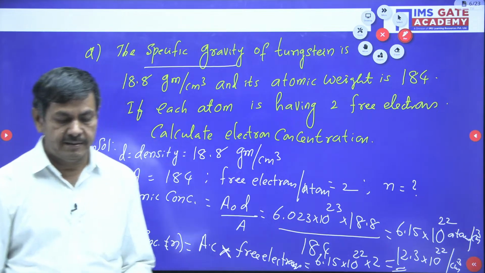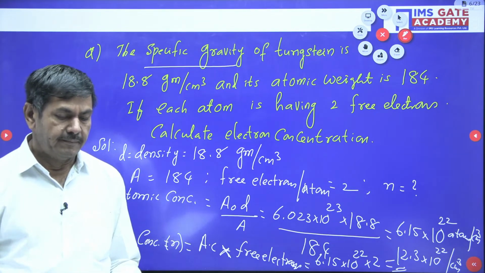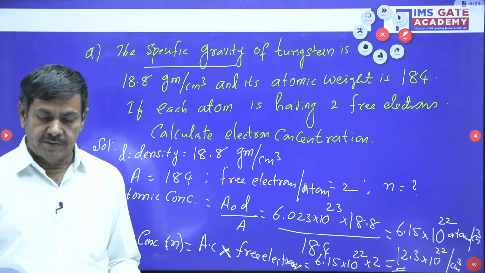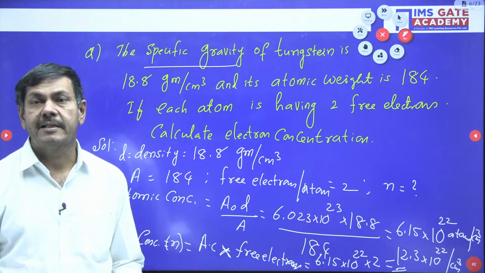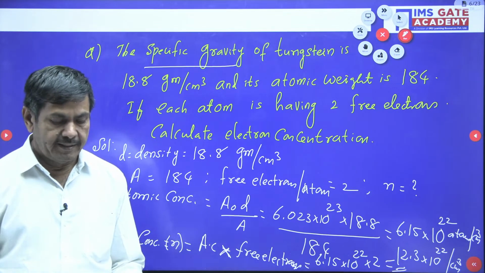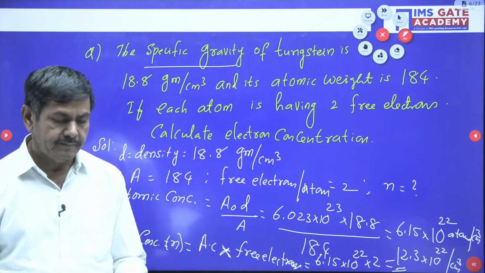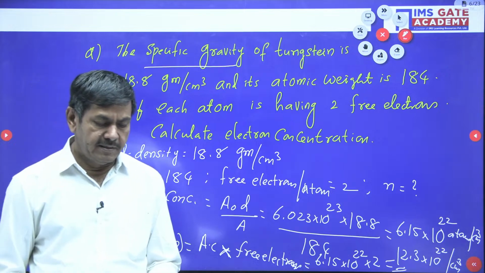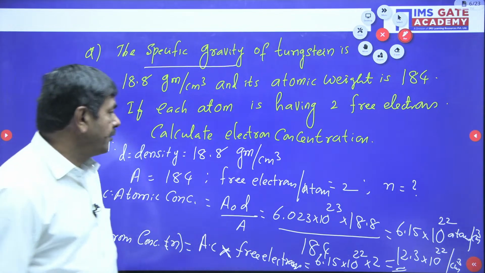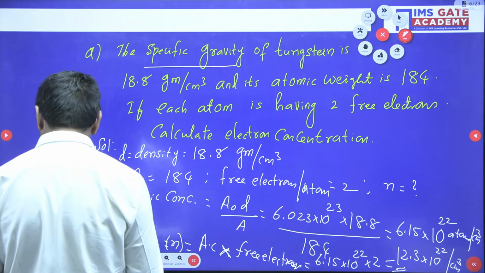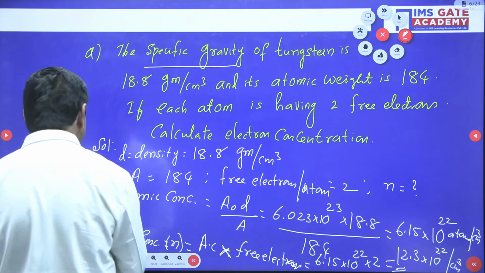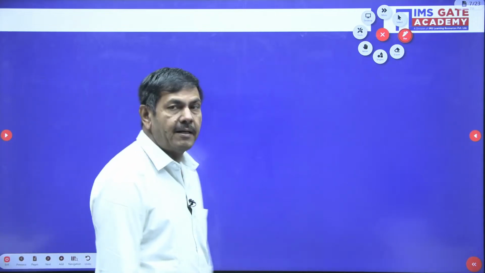Like that we can calculate. Next one. The two types of semiconductors we are using are the two fundamental semiconductors, germanium and silicon.